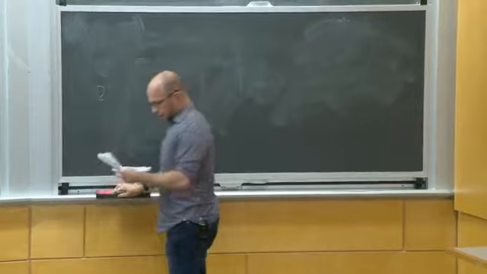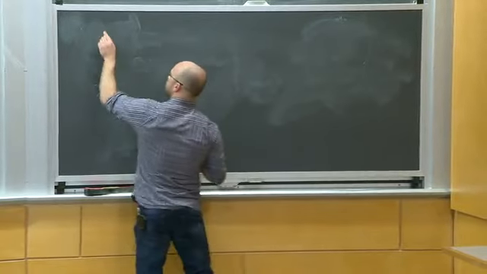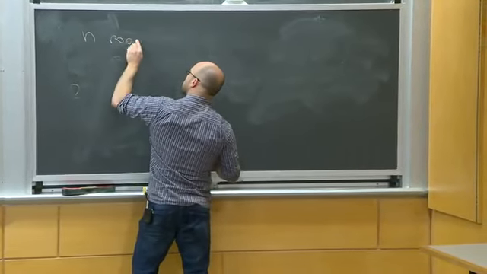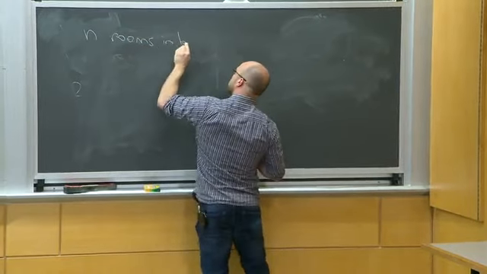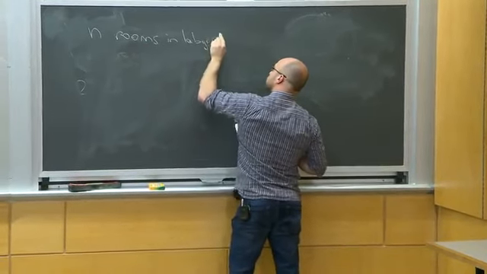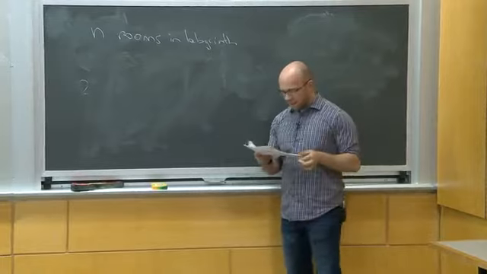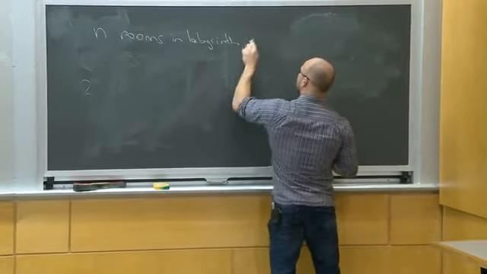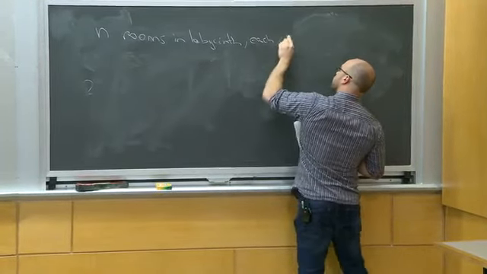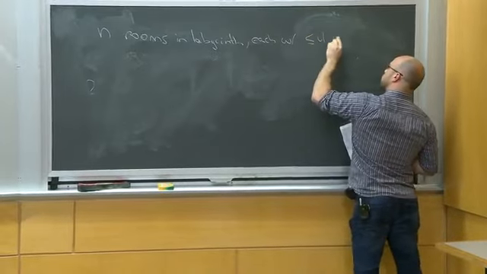So what do we know? We know that there are n rooms in my labyrinth, and that each of my rooms has at most 4 doors.